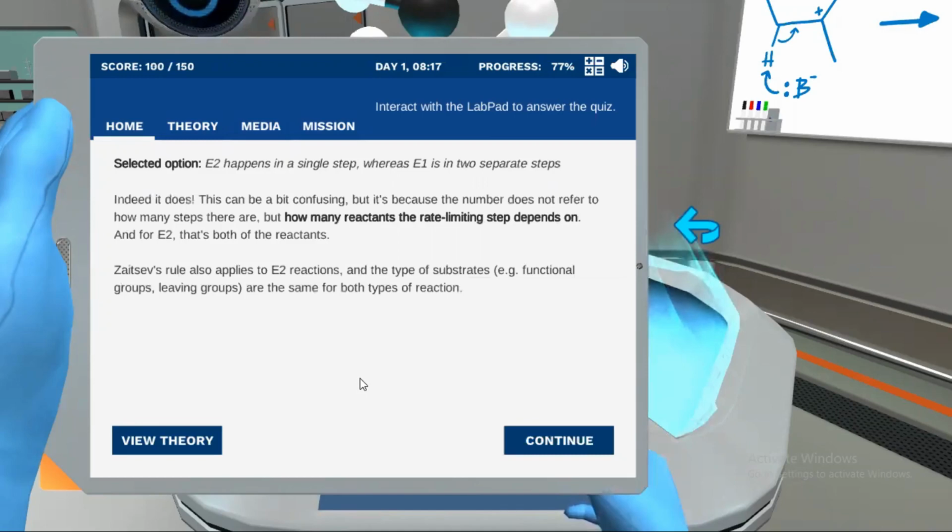Indeed, it does. This can be a bit confusing, but it's because the number does not refer to how many steps there are, but how many reactants the rate limiting step depends on. And for E2, that's both of the reactants. Zaitsev's rule also applies to E2 reactions, and the type of substrates are the same for both types of reaction.